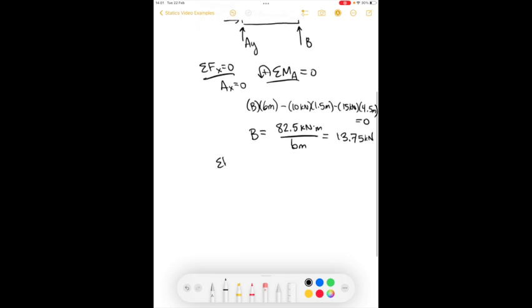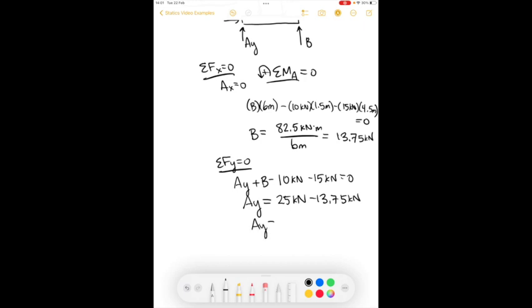And we can take that information and do the sum of the forces in the y direction. Solve for Ay. We find that Ay is 11.25 kilonewtons.